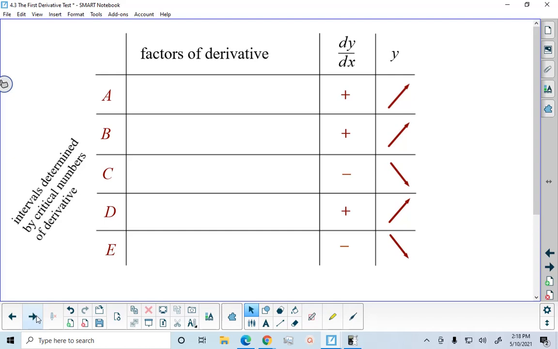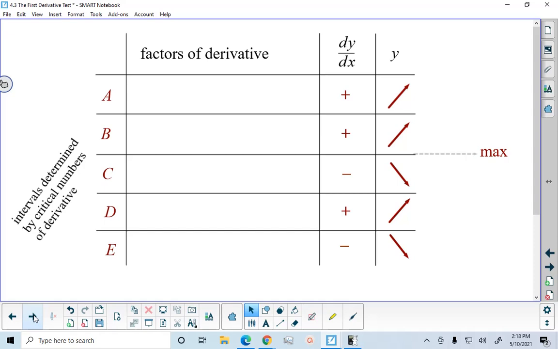The function increases in interval a, and then at some critical value of x, it immediately increases again once it passes that critical value of x. Nothing interesting is happening as the function goes from a to b, even though there was a critical value of x in between. But when the function goes from interval b to c, the function goes from increasing to decreasing, which means there must be a maximum value there.